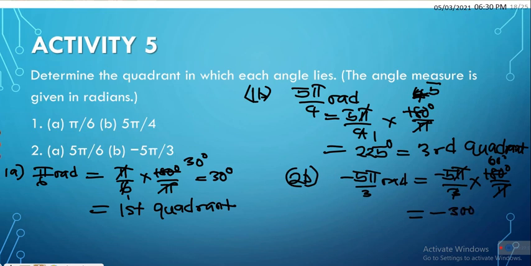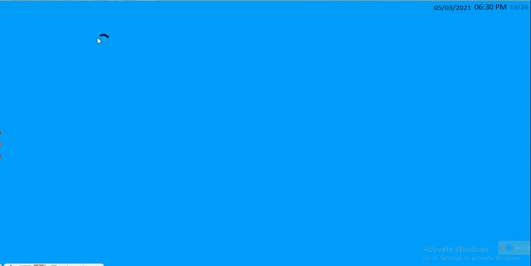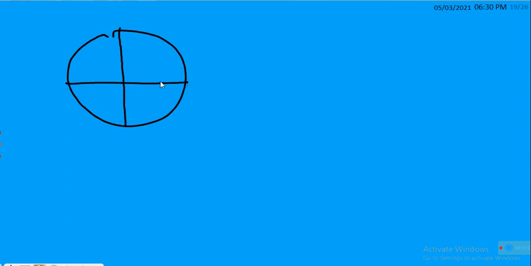Of course, you know that if you are measuring 300 degrees circular, you have your quadrantal angles this way, and if you are measuring minus 300 degrees, you have to go this way. This is 90, this is 180, this is 270, and this is 300. So your angle is going to lie here, and the angle is in the first quadrant.